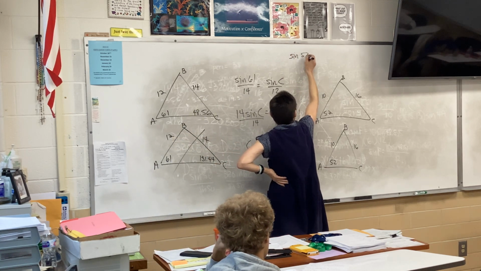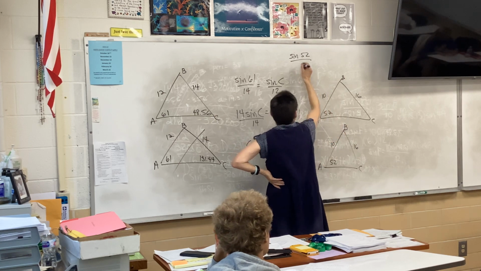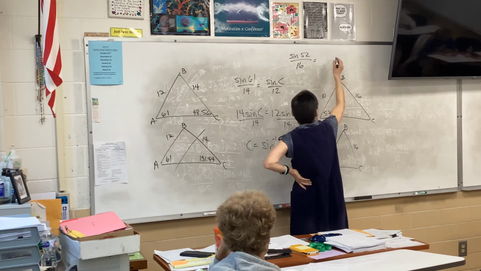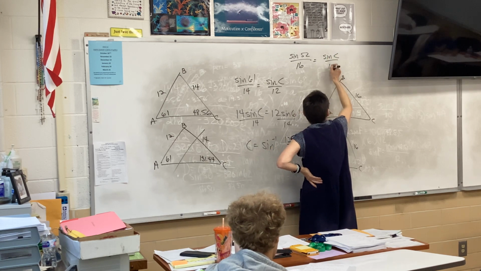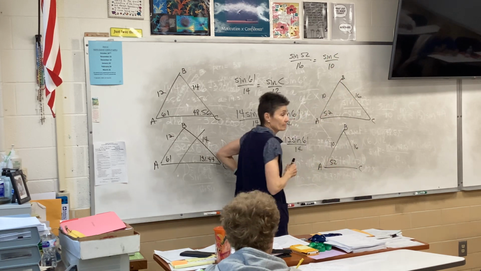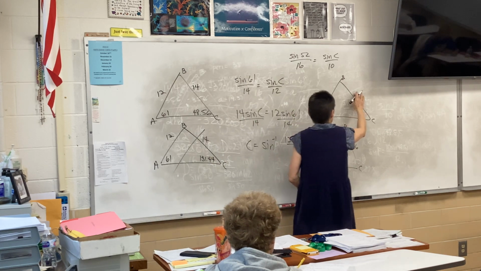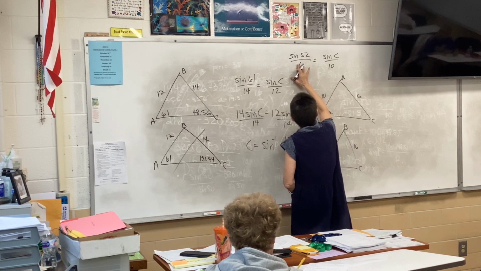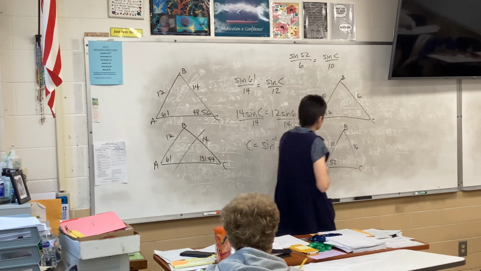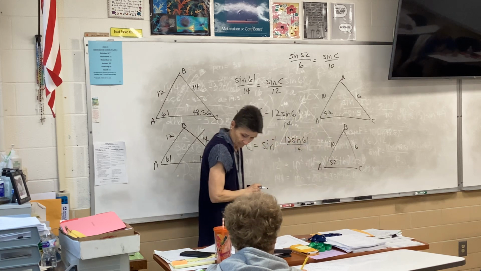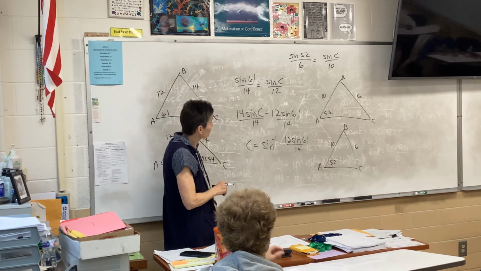Sine 52 over 16 equals sine C over 10. Oh, is that a 6? Yeah. Well, that's going to make a huge difference. Thank you. Oh, yeah, it is a 6.